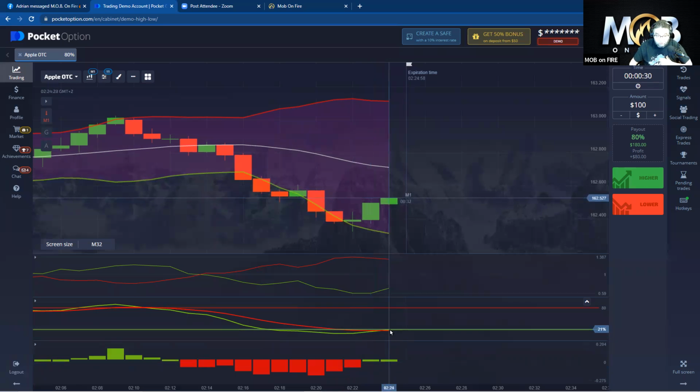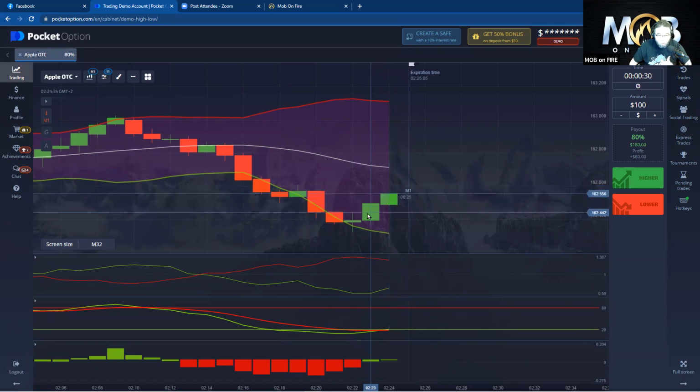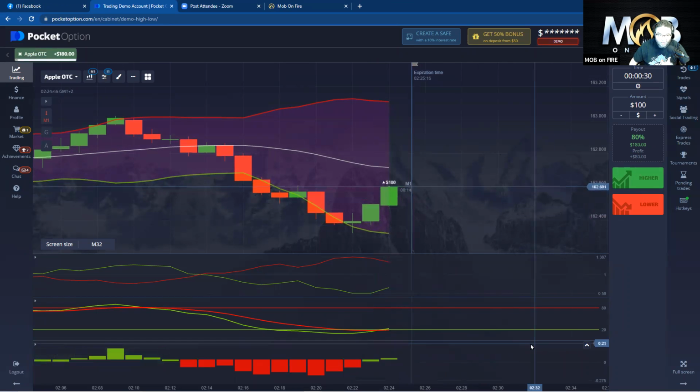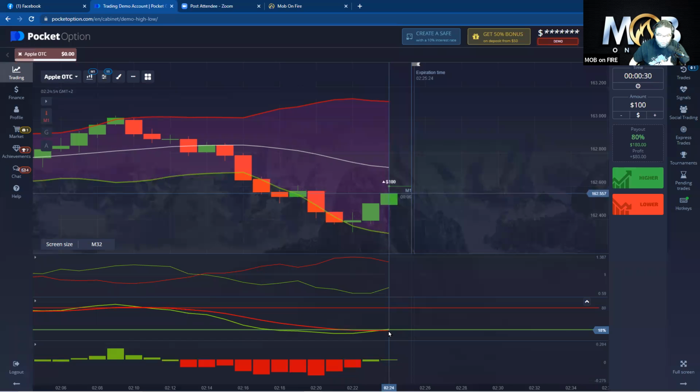Okay, we're still not out of the 20. So even though you see price pulling up, these are trades that, if you get into them, are going to be risky because you're shooting out of the 20. So now I'm going to go ahead and buy it. All right. So here is the green line coming out of the 20, and I bought it, and it is retracting back again.